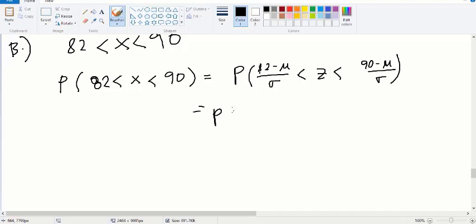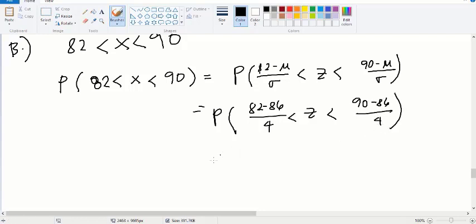So that would be P now: 82 minus 86 over 4 less than Z less than 90 minus 86 over 4. Okay, so your P now should be, ito siya, 82 minus 86 is negative 4, so negative 1, no? And 90 minus 86 is 4 pa rin, so 1.